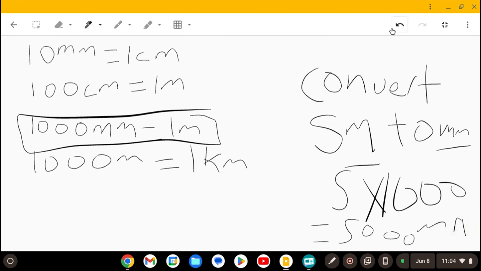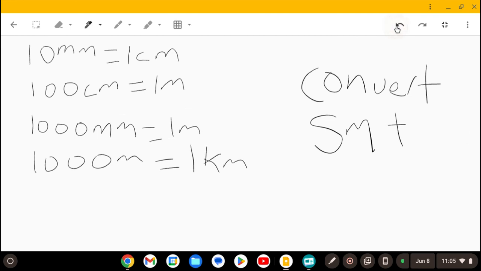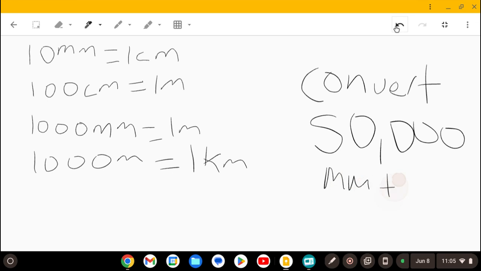All right, let's try our next one. So we're going to convert 50,000 millimeters to meters. We're going from a smaller unit to a larger unit, millimeters to meters, so this means that we're going to divide.